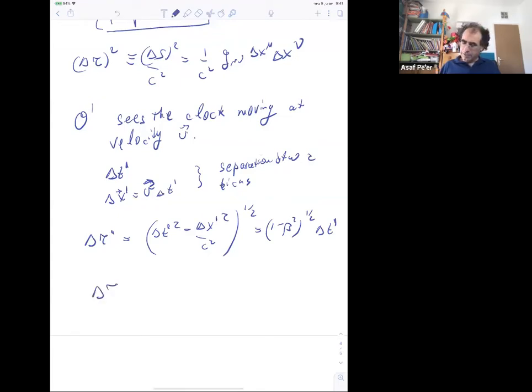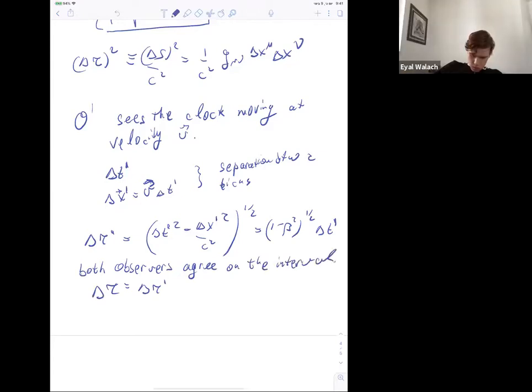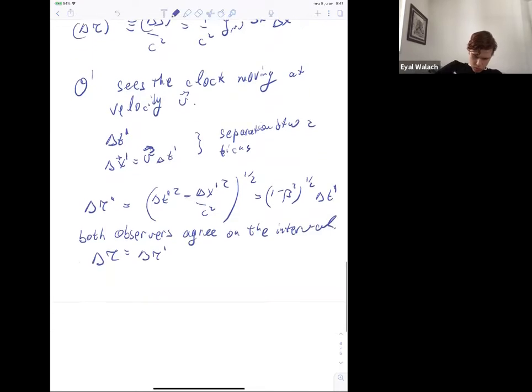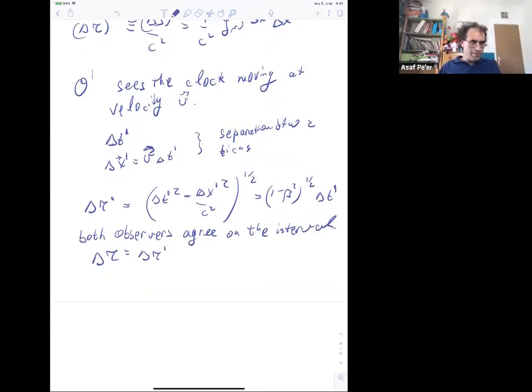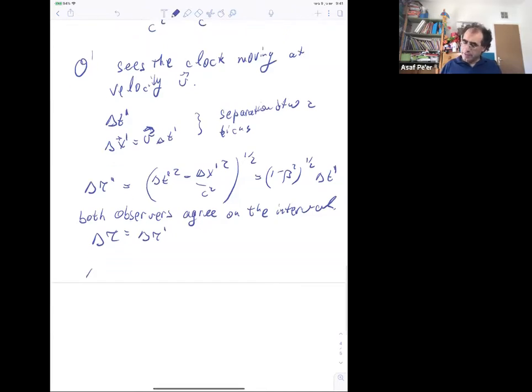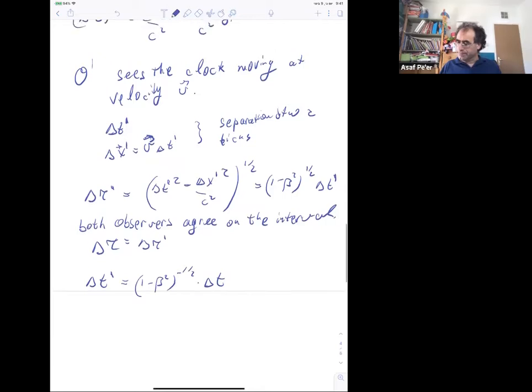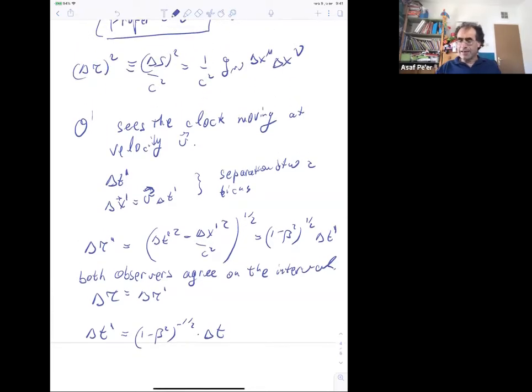So delta tau is equal to delta tau prime, which means that when the observer O prime sees the clock in motion, it sees it ticking with a period delta t prime, which is just 1 minus beta squared to the power minus 1/2 times delta t, because delta tau is just delta t.